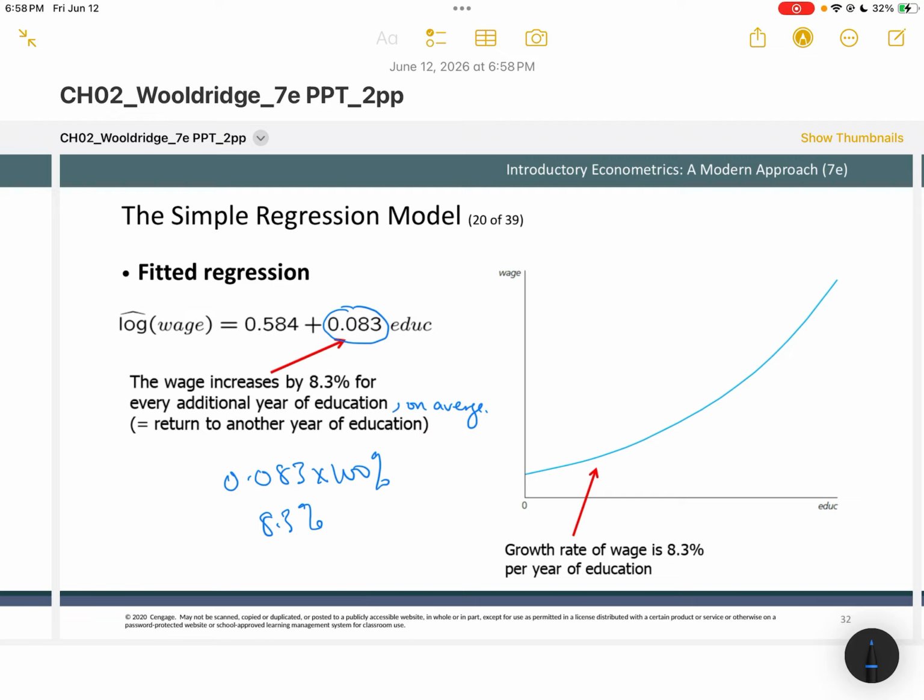And how that graph is drawn, it's exponential. So this is the growth rate of wages per year of education. It increases by 8.3% every year.